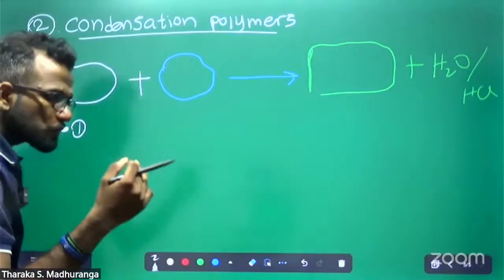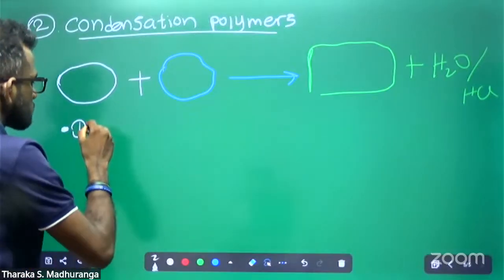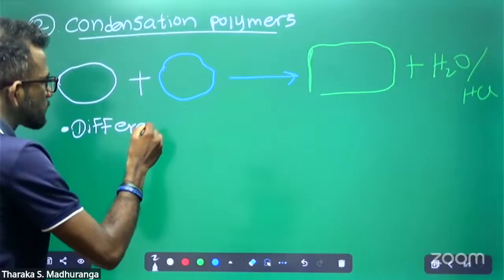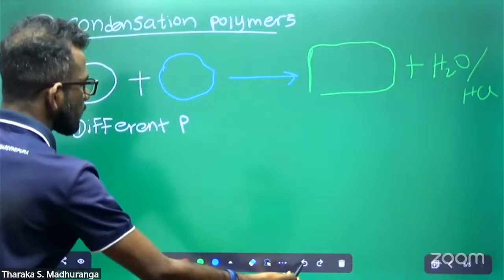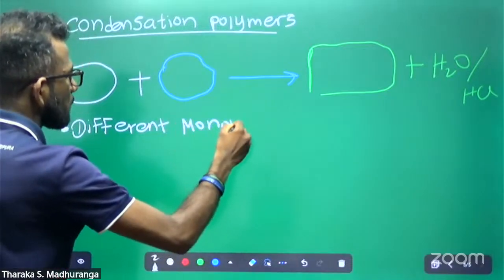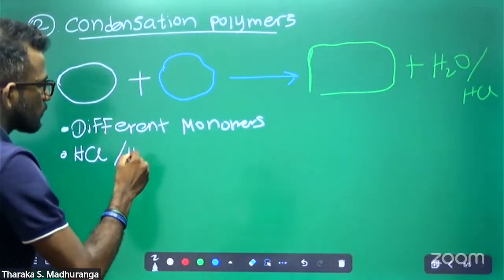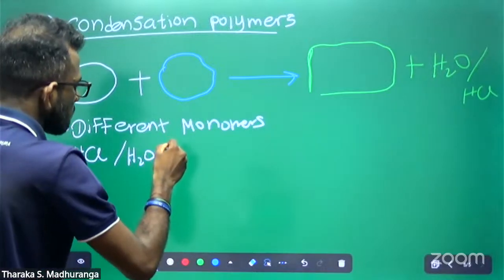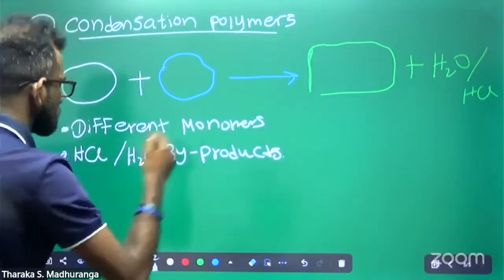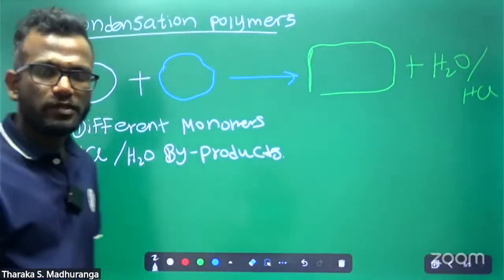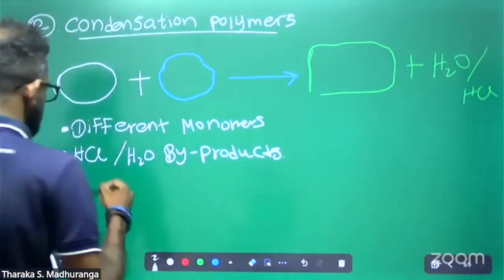The types can be two or more. So different monomers, and HCl, H2O byproducts.